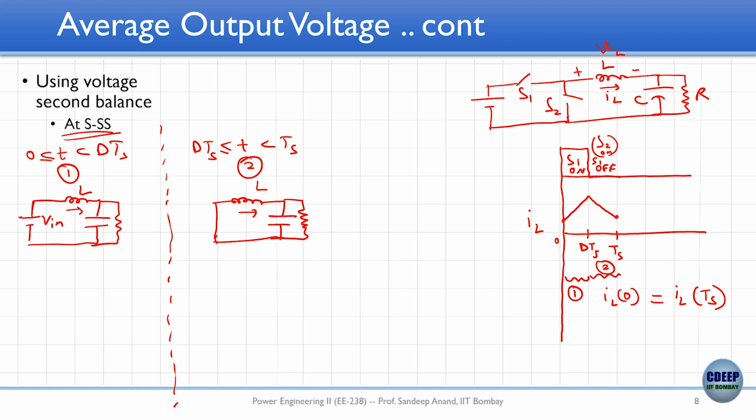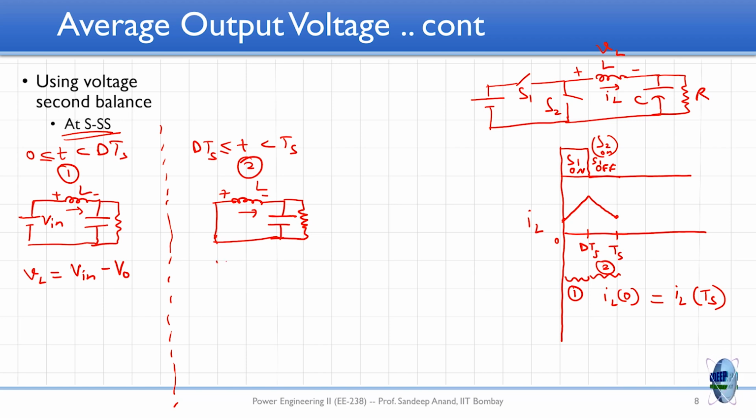Right. So, any doubt so far, any confusion, any question? Okay, then next step what we do is we write the voltage across inductor in both the cases, which we have already done in a way, but let us still write it again. I am keeping the same reference polarity. So, in the left case, inductor voltage is equal to Vin minus Vo.